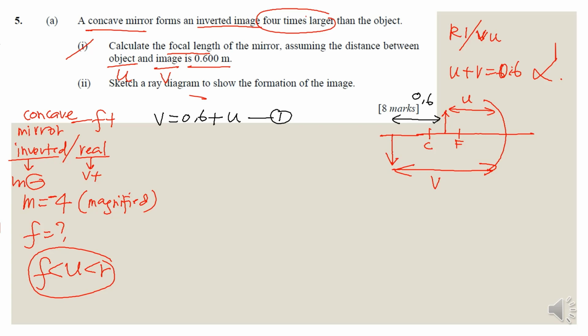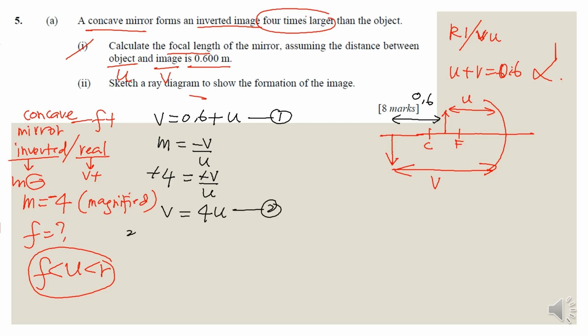Kemudian kita ada magnification tadi. M sama dengan negative V over U. So masuk M is negative 4, negative boleh buang. So V kita equal to 4U. Ini adalah equation kedua.